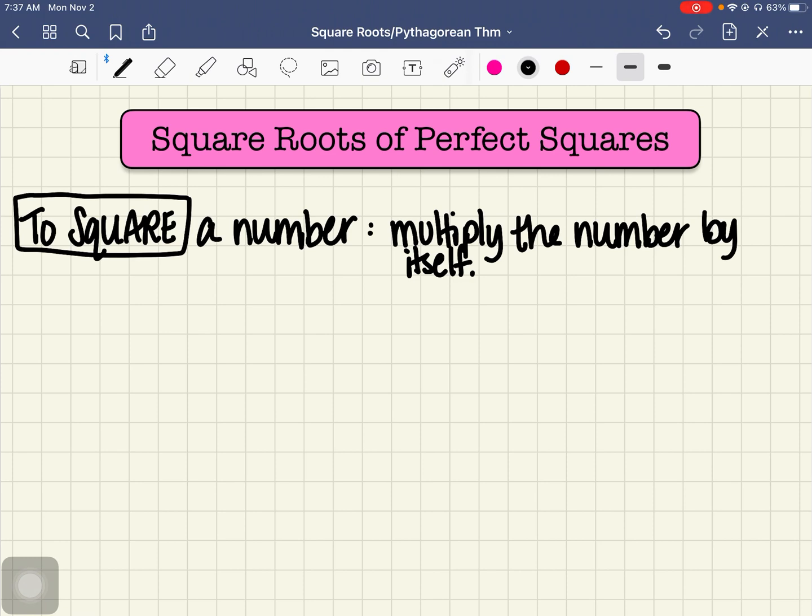And so that would mean 4 times 4, and this is why we call it 4 squared. We hear a lot of people say 4 squared. And in this case the answer would be 16.